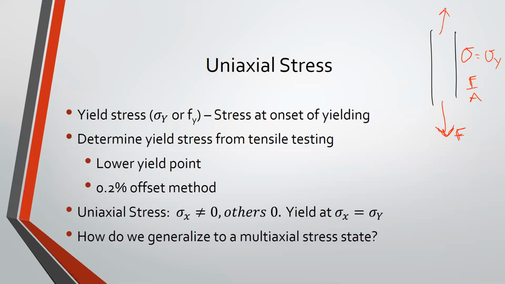So in this uniaxial direction, we determine our yield stress from the tensile testing, and we can use either the lower yield point or the 0.2% offset method.